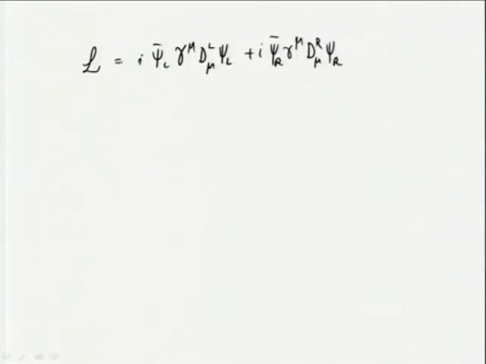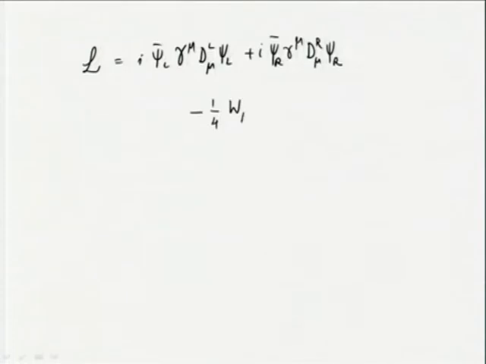Now, let me write down the Lagrangian: i ψ_L bar γ^μ D_μ^L ψ_L plus i ψ_R bar γ^μ D_μ^R ψ_R. This is what we had written down earlier as well. This is gauge invariant now, but to make the newly introduced particles physical particles, we need to add the kinetic energy term.